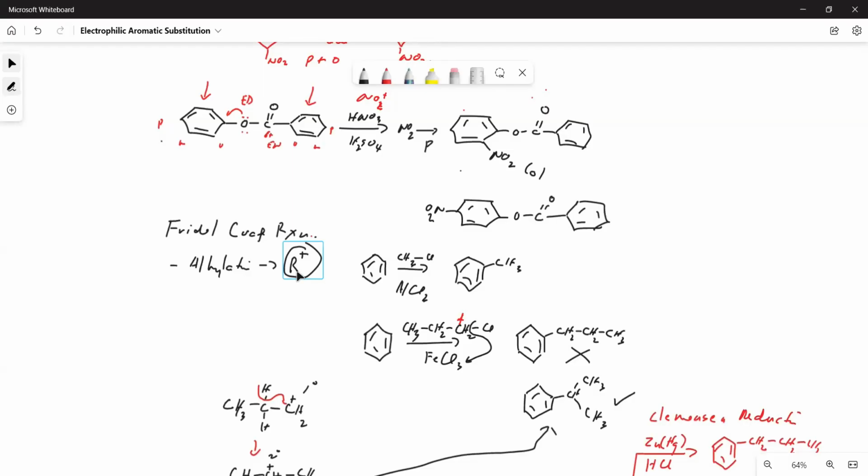And you have to be very careful with this because if you recall, in our discussion on electrophilic addition reaction, if the intermediate is a carbonium ion, there is a possibility for it to undergo what? Rearrangement, no? Hydride shift or methide shift. Okay, so that will happen if you have carbonium ion intermediate. Okay, and in Friedel-Crafts reaction, your electrophile is carbonium ion.